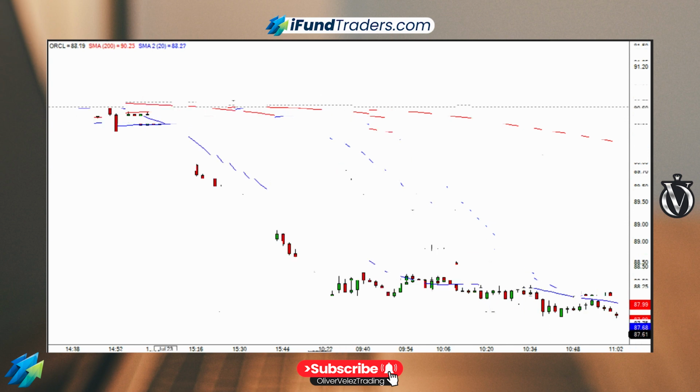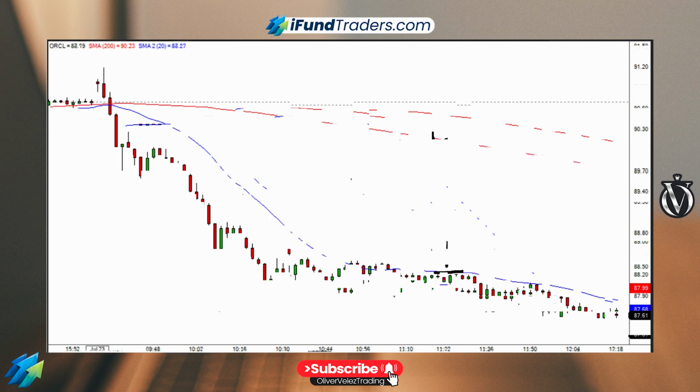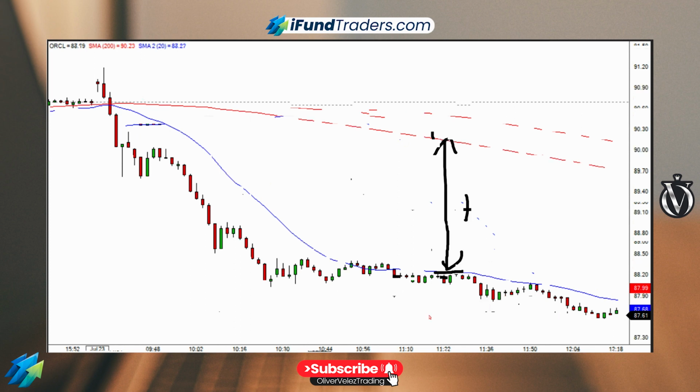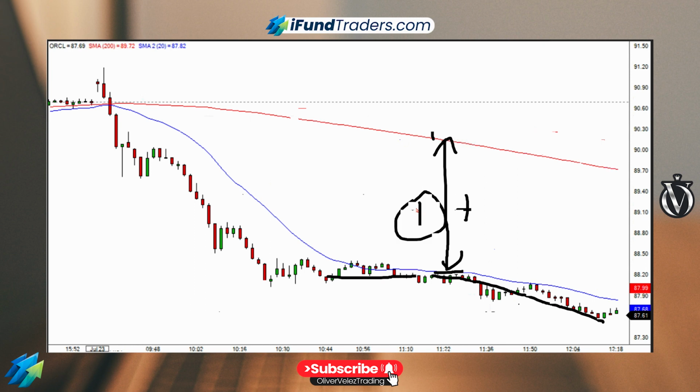Here, you don't have the dual space. You have the one space, so this can be more of a rest that leads to more downside. You got one level of space here, not where the stock separates from the 20 and gives you two spaces.